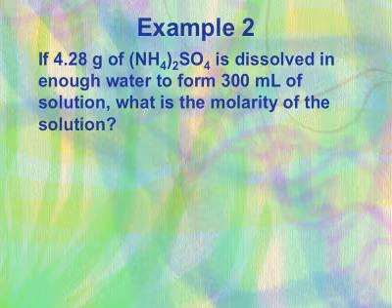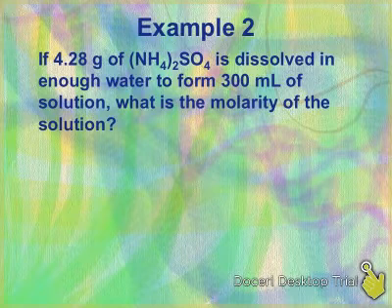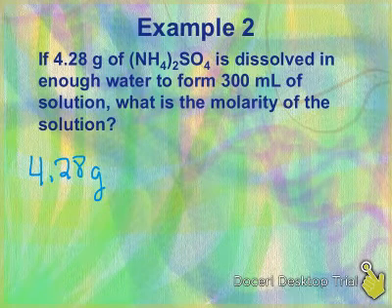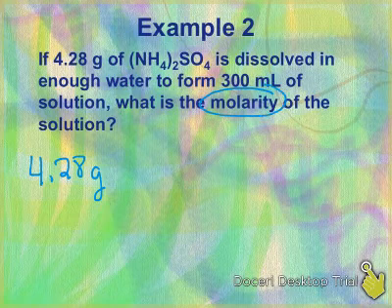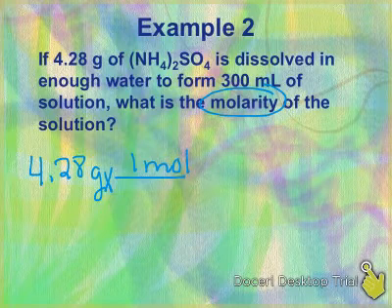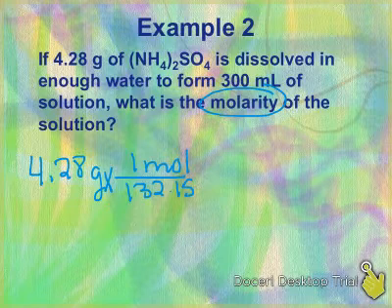So I'm going to start with my 4.28 grams. We want to go all the way to molarity. So first up, I need to convert this to moles. So 1 mole of ammonium sulfate, that's fun math, is going to have 132.15 grams. Okay, that cancels out our grams, but we don't want moles.